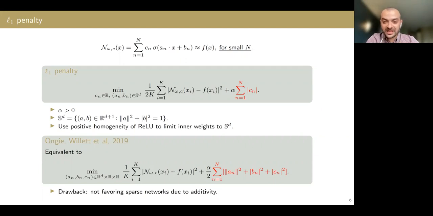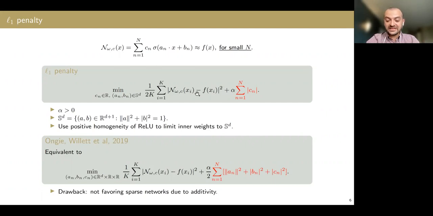So when you train with the L1 penalty, and I'll show you that, what happens is that you just end up getting a lot of nodes very closely positioned to each other. And the reason for that is the additivity of the absolute value. Okay, so really that's the bigger issue.